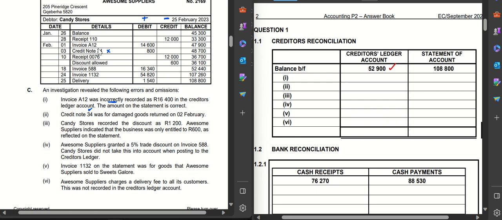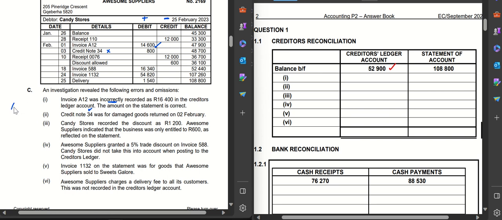So we come here, we look for 812. 812 is 14,600. So they're telling us that the statement is correct of having 14.6, but the amount that was recorded, which is 16.4 in the ledger, is incorrect.